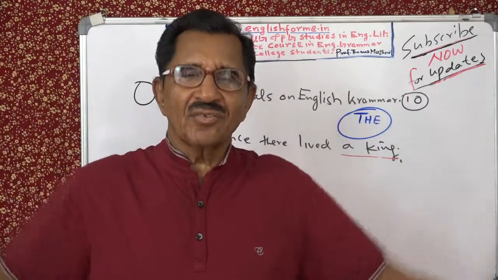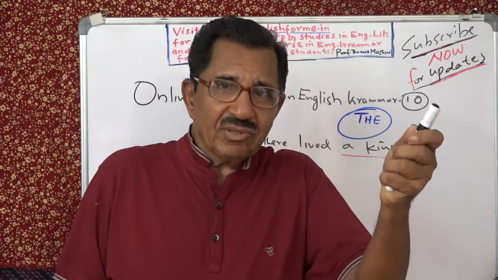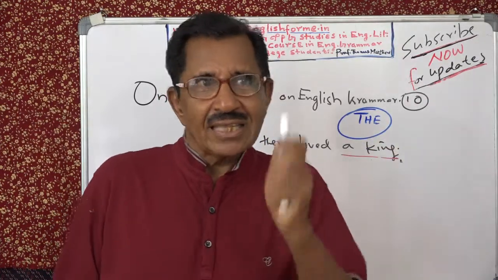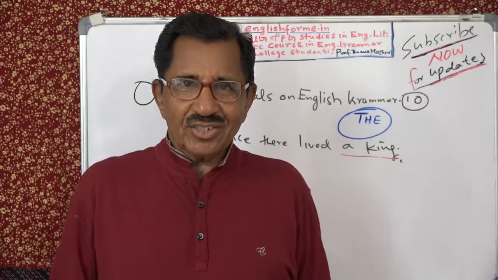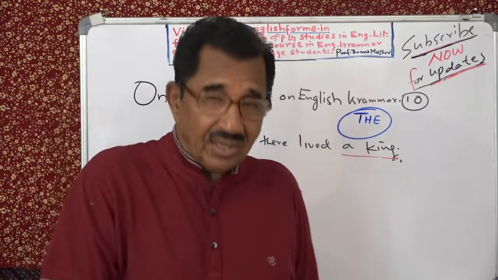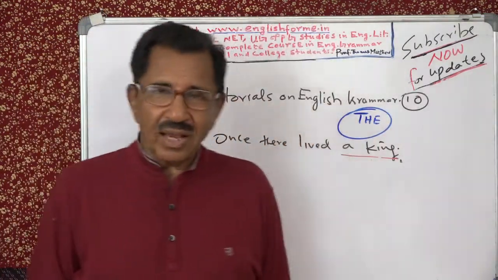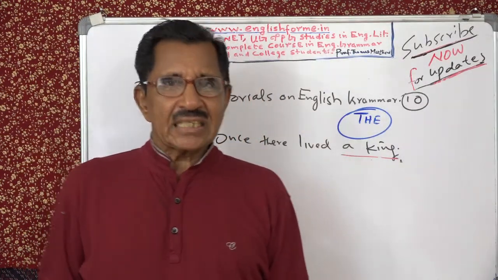These are different things. But if you say, I saw a bird, the bird was singing. What does that mean? That bird which I saw. So the second use should be accompanied by this definite article, this small three-letter word, the.